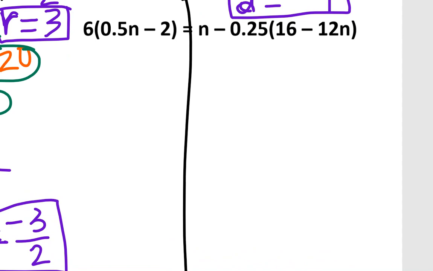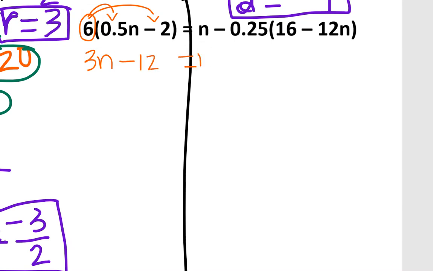So here, my first step is to draw my border, which I did. Next, I need to distribute. So I'm going to distribute this 6 over here. 6 times 0.5n gives me 3n. 6 times negative 2 is negative 12.